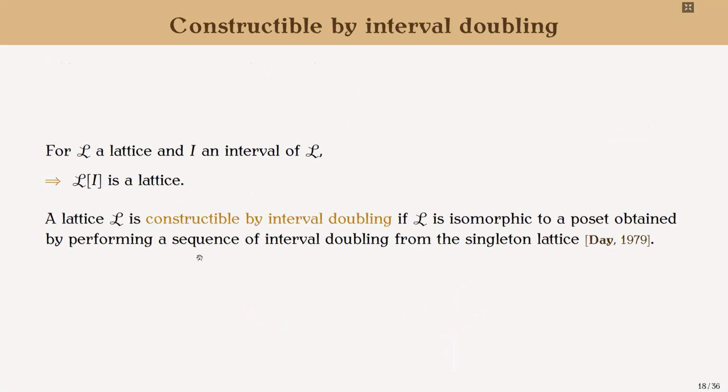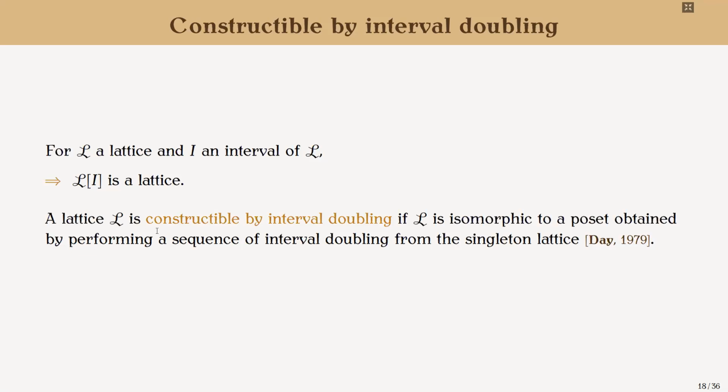So if the poset that we are looking at is a lattice, then the first property that we can say is that the poset obtained by doubling an interval is still a lattice. So the lattice property is kept for this doubling operation.